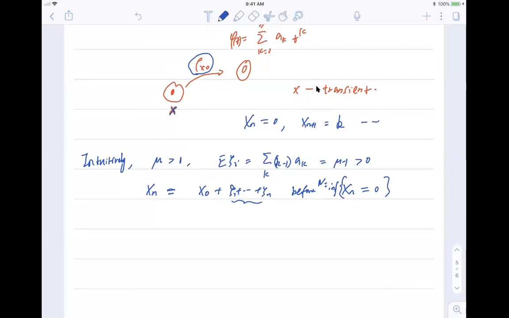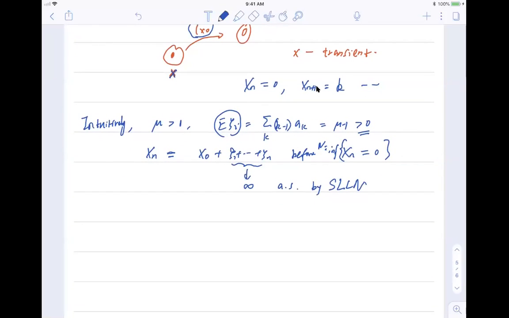And since the expectation is positive, this almost surely goes to infinity by the strong law of large numbers. So xn goes to infinity. So you can show the following.